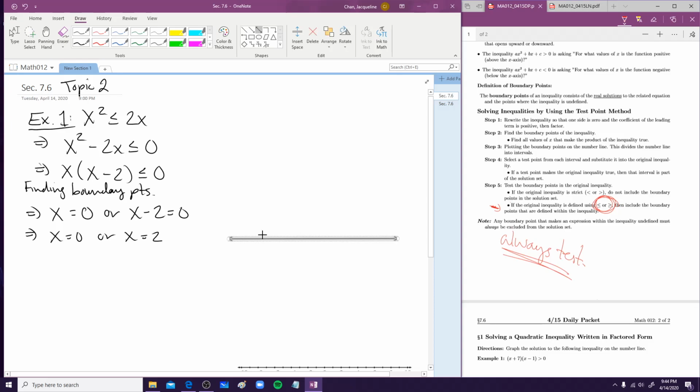Remember we have to have the arrows because they're going infinitely both ways. After we draw this line, now we're going to plot our boundary points. It's going to be at 0 and 2. You don't need all the extra numbers, you just need to write down the boundary points.